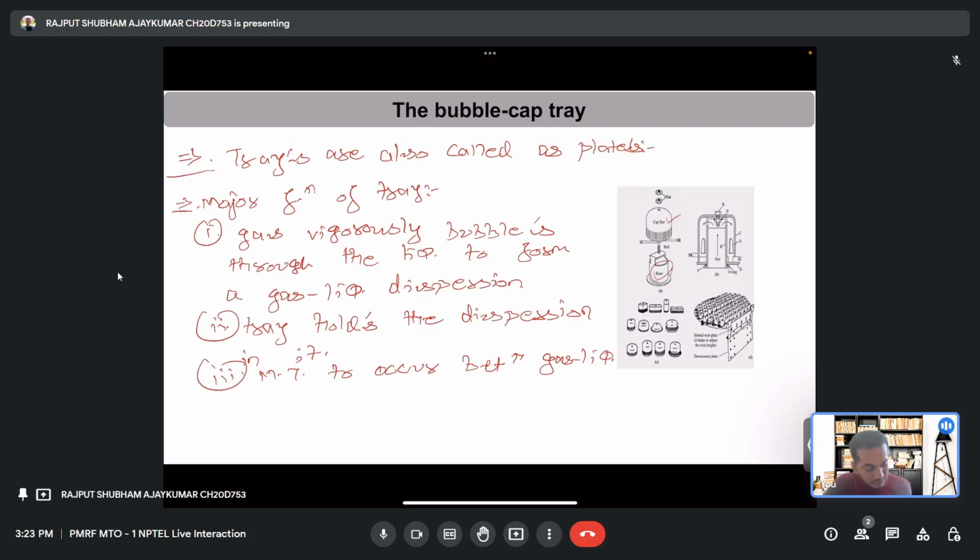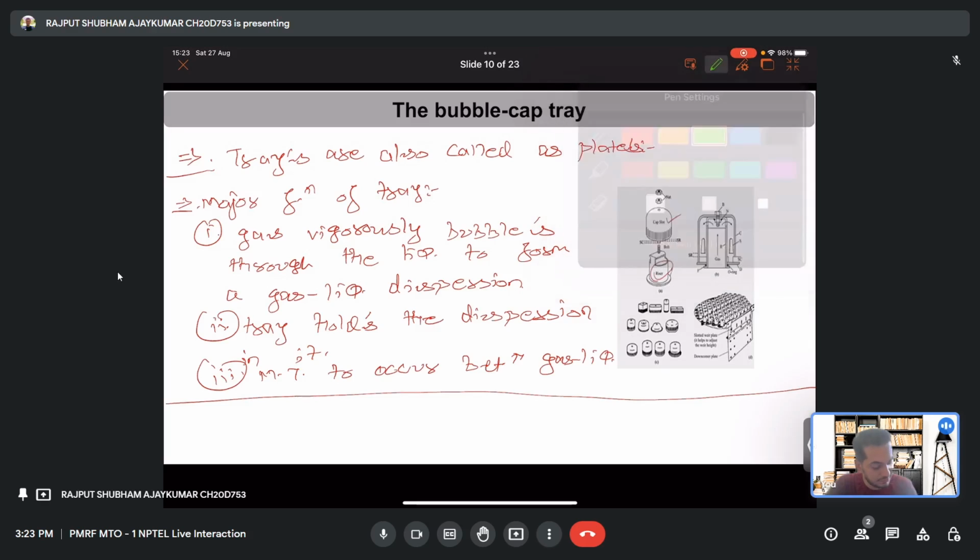Okay. So the bubble cap tray, like I said, is a bell-shaped tray. So this is what relates to the trays actually. The bubble cap tray, like has been shown here, is in the form of a bubble.